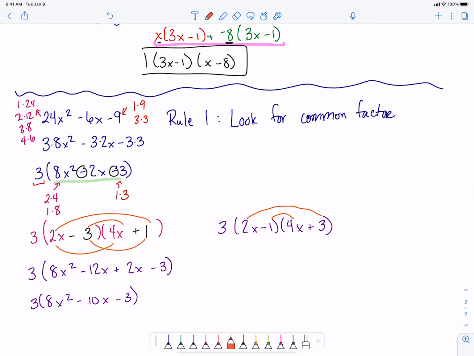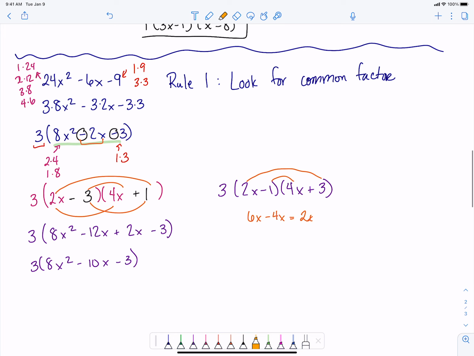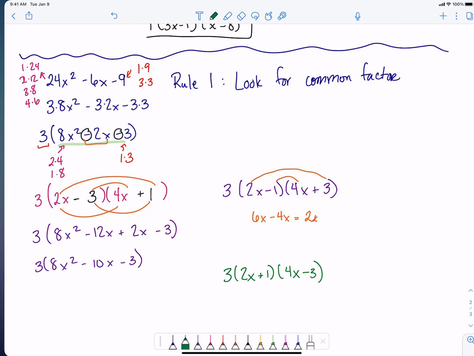But we really only need to check what we get from the inner part and the outer part of foiling, and we get positive 2x as our middle term. Oh, we're really close. We need negative 2x. So that tells me that all we need to do is flop where we have our positive and our negative. Aha, there we go. And this should do it.